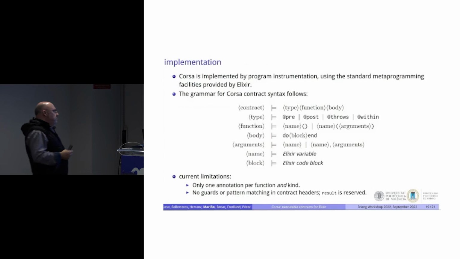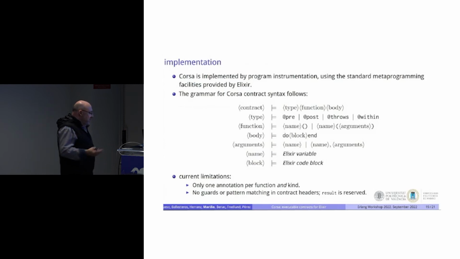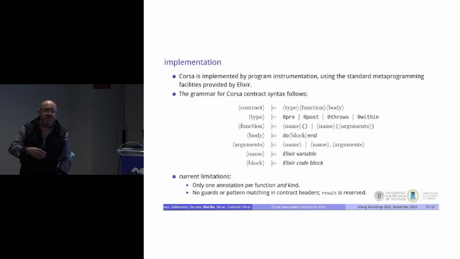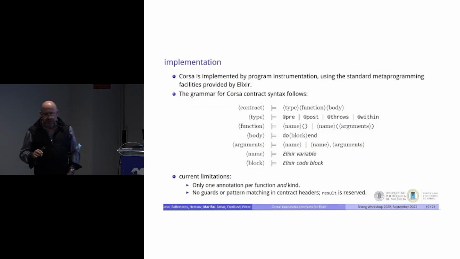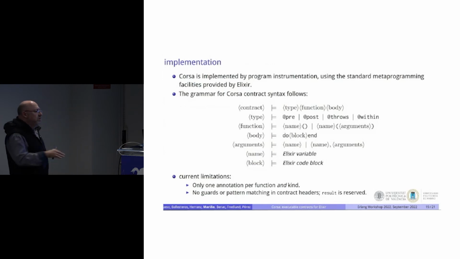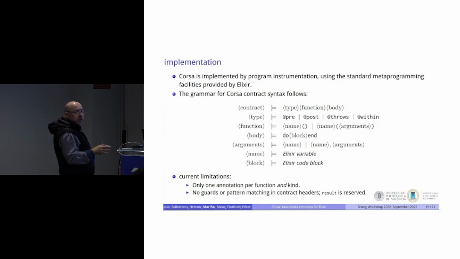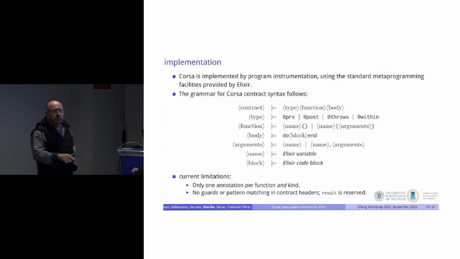Of course, in general, contract-based languages allow for several, and there's some implicit conjunction if they're Boolean. But we didn't want to get into the trouble of reasoning about contract composition right now. So we thought it was simpler to keep it simple from the beginning.